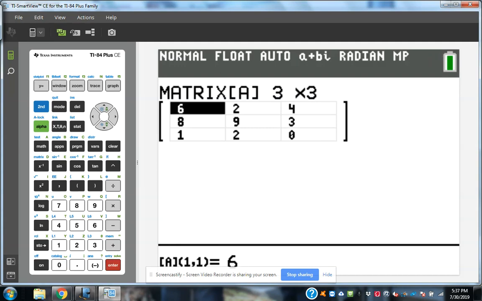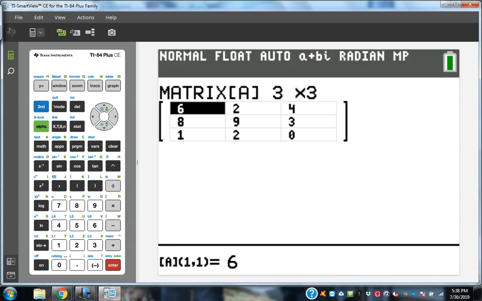So we have a 3 by 3 matrix there. Make sure that you've got all of the numbers in there correctly and the signs correctly. So again, it's just like with the systems of equations. One number in the wrong spot or the sign the wrong way on it, it'll change the problem completely.